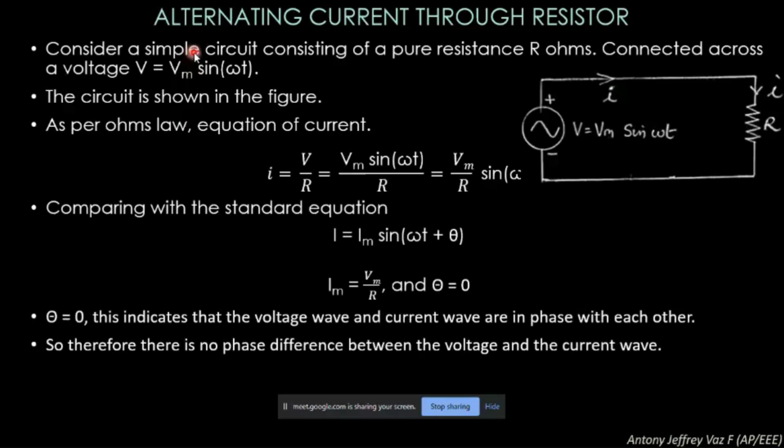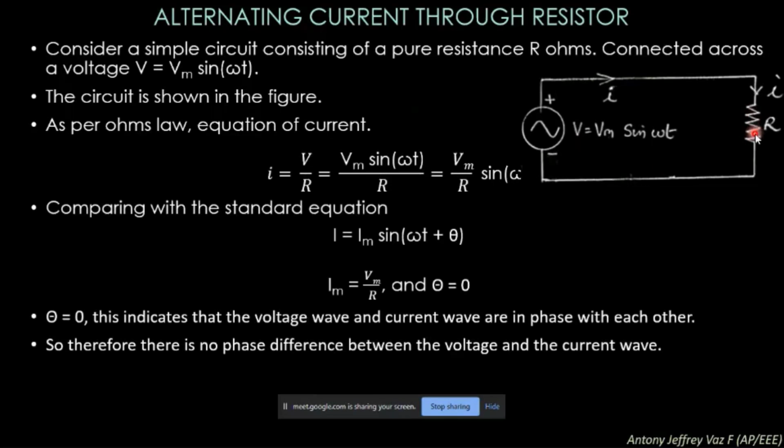First, we are going to see the alternating current through the resistor. Consider a simple circuit consisting of pure resistance R in ohms connected across a voltage source of V is equal to Vm sin omega t. You can see this is the simple circuit. Here only resistance is present in the circuit.